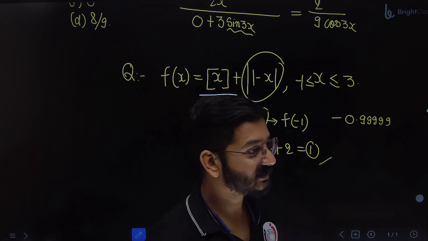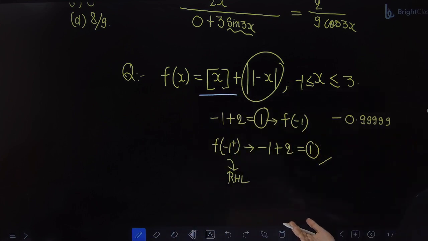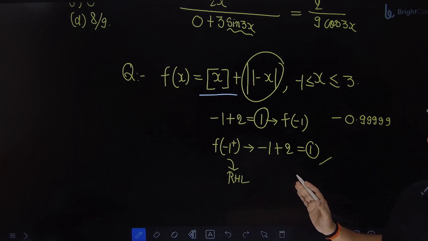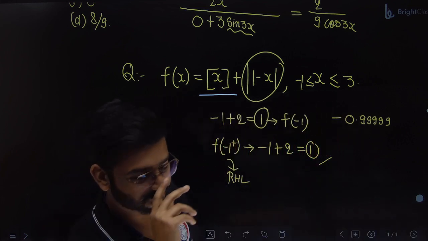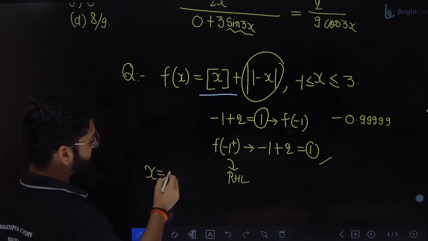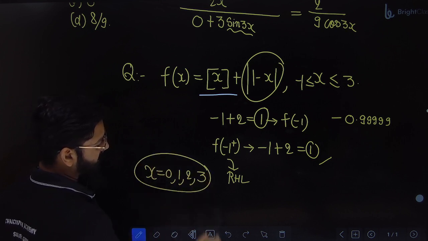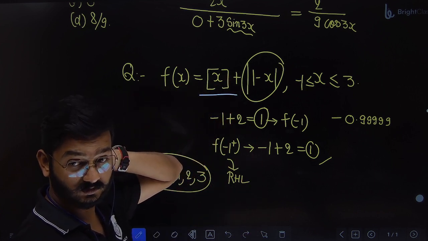Because you may say, sir, why are you not finding the left hand limit? Because the function is not defined there. How can I find the left hand limit, if you think logically? So this function is continuous from which side? Right side. Now, which points are left? 0, 1, 2, 3. Check it.